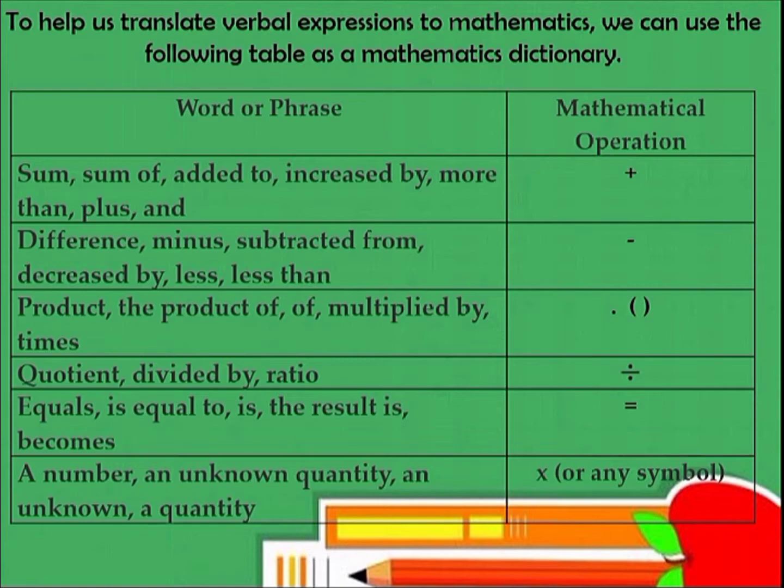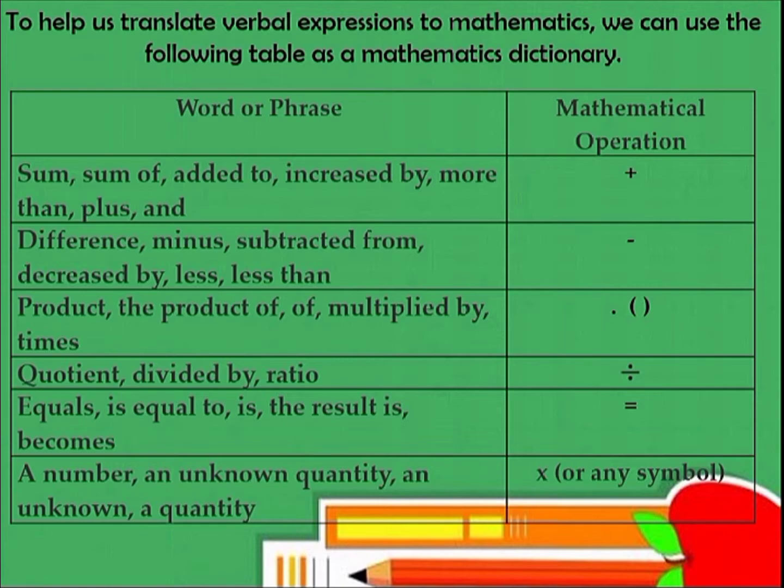Then, if the operation is multiplication, the word or phrase should be product, the product of, multiplied by, and times. Then, if the operation is in division, the word or phrase should be quotient, divided by, or ratio. And then, if it is equal, the word or phrase should be equals, is equal to, is, the result is, and becomes. And in mathematics equation or the algebra, we use variable or the symbol that can represent a number.